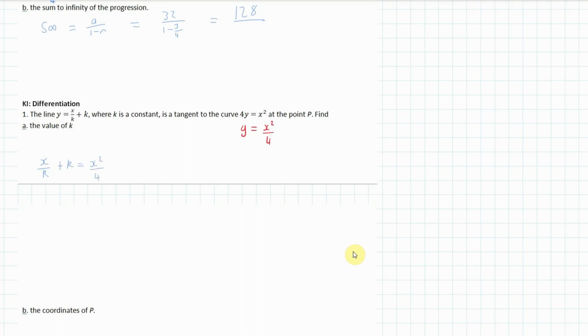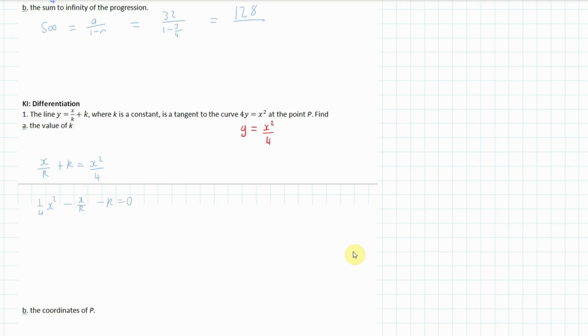I'm going to multiply everything by 4. No, I'm not. I'm just going to write it as 1/4 x squared minus x over k minus k equals 0.